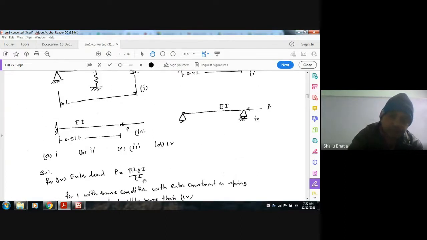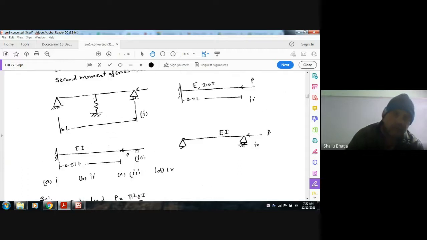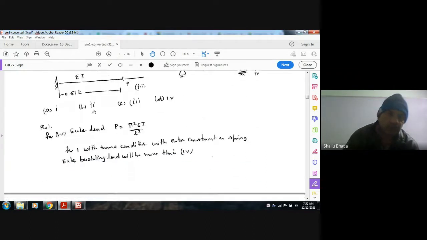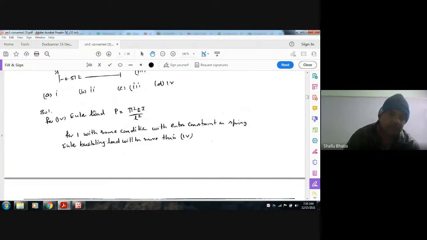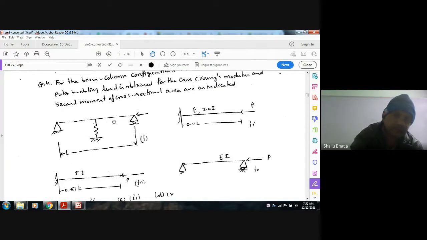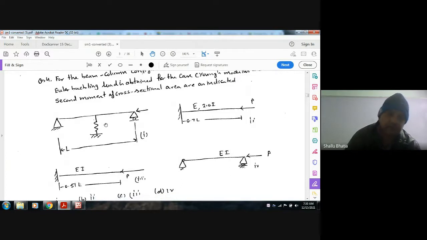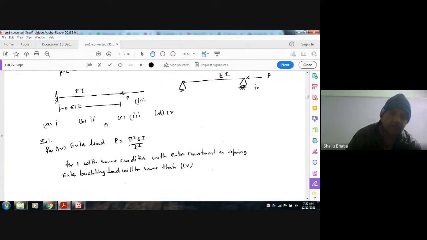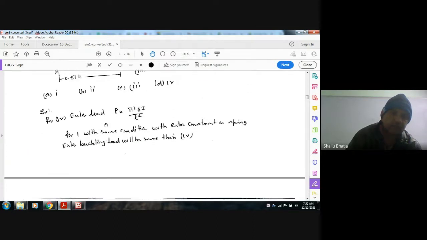For this, the inverse load is pi square EI by L square, and condition one is the same with an extra constraint, that is a spring. So the buckling load will be more, because it is providing extra constraint.